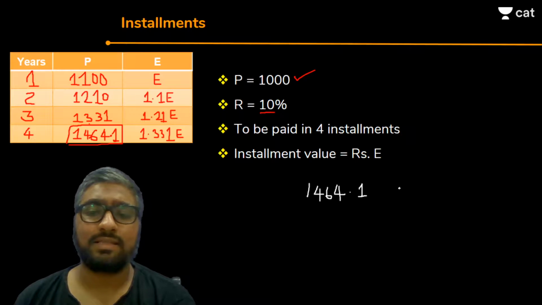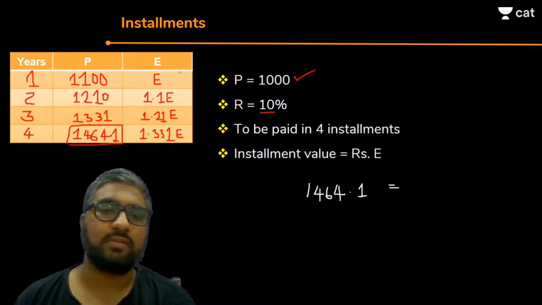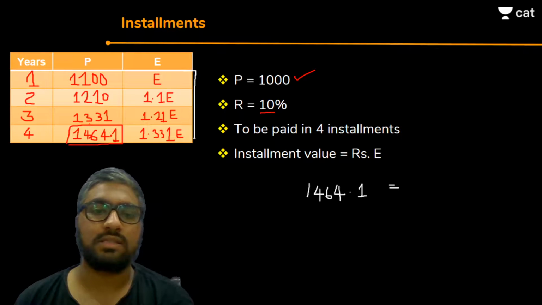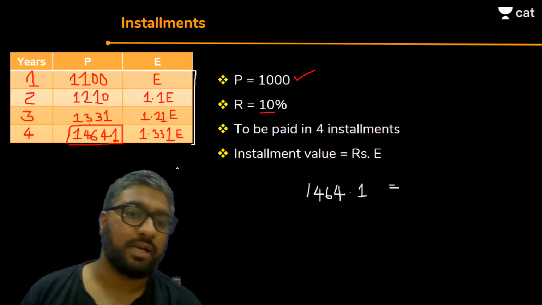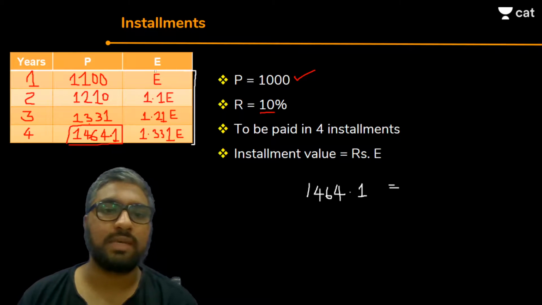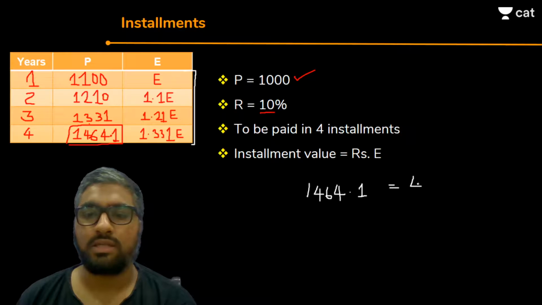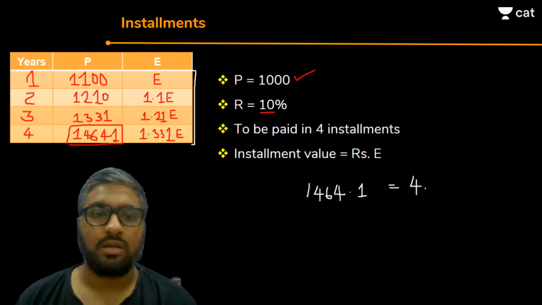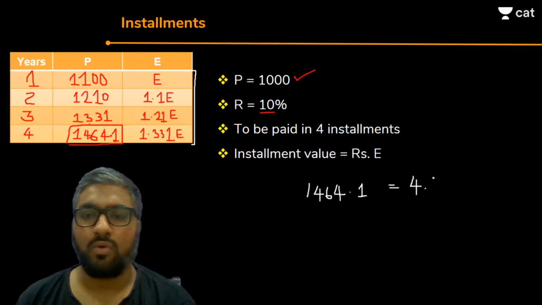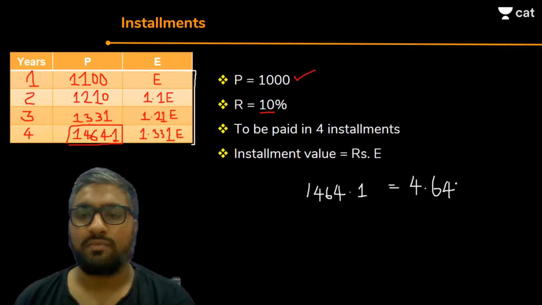But this is to be paid in what? In 4 installments, right? Which means all of these is the total installment amount.